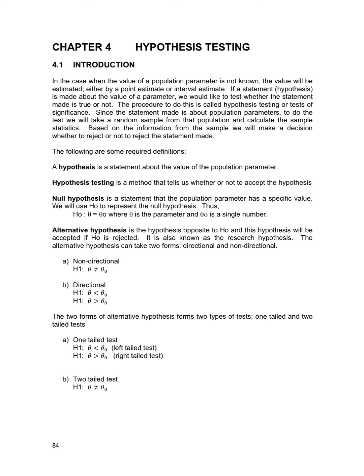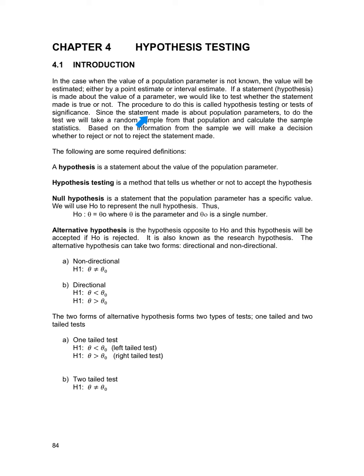Dia tak sure kan. So that is an interval. Dia estimate kan. So now apa yang kita nak buat in chapter 4 in hypothesis testing, we want to test whether the statement is true or not. So this procedure is called hypothesis testing or test of significance.